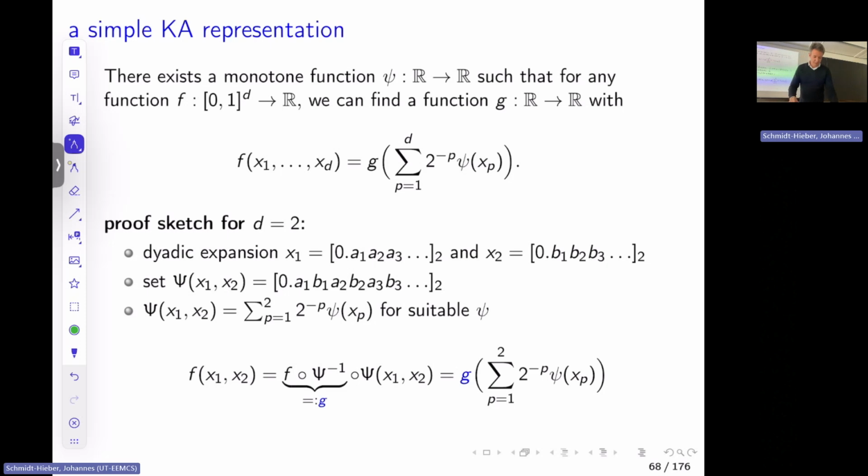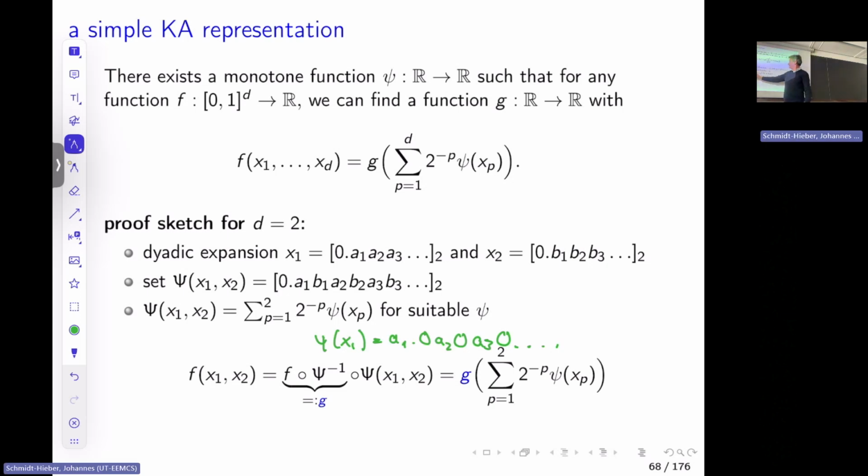So this is now this interior bit, namely, what is the psi? The psi just maps x1 to a1 0 a2 0 a3 0, and so on, right? Such that now this, if I multiply with 2 to the minus 1, will just shift all these things by 1.